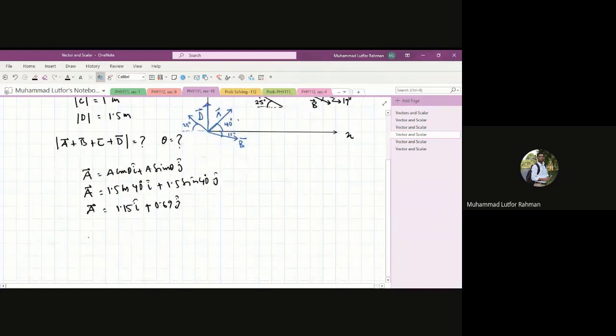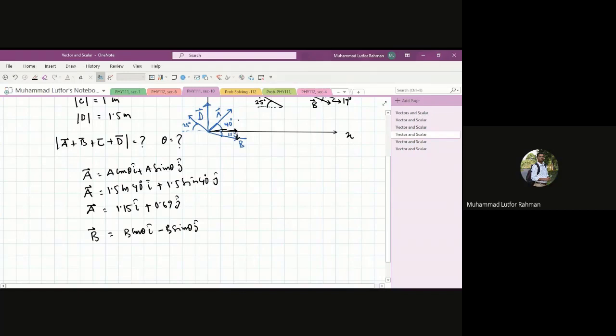Now what about the B? Look at this. For the B, if you split that vector, one component will be towards that direction, another component will be towards the negative y direction. Right? So that's why I'll find B cos theta i hat minus B sin theta j hat. I use the minus sign because this is downward, towards the negative y axis.